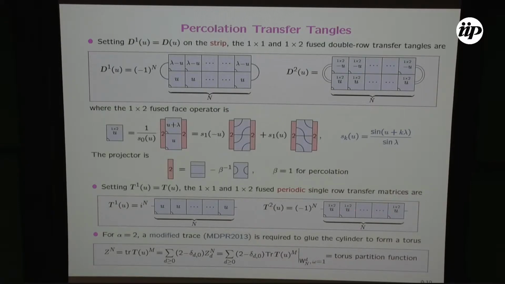To do that job, you need to use a modified trace, which I introduced with my colleagues in 2013. It's like a modified Markov trace. And when you use that trace, you have to weight the various sectors appropriately. And this is the appropriate object to look at for the torus partition function when you close the cylinder to the torus. So we'll need to calculate with this later.